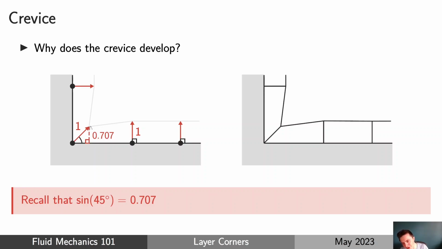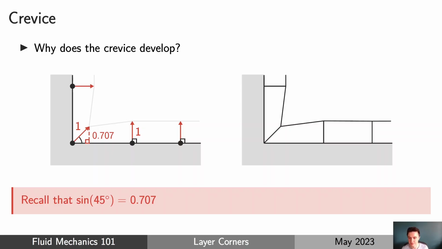So actually the vertical distance off the wall here, and also the horizontal distance off the wall, is only going to be 0.707. So if we use this approach of moving all of the nodes the distance that's specified in the parameters when you set up the mesh, you can see that you start to develop a crevice in the corner of where the layers are generated.